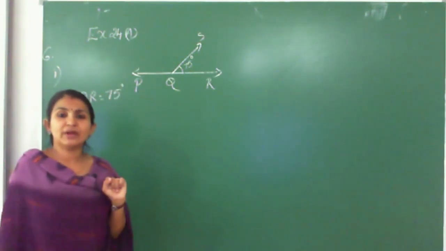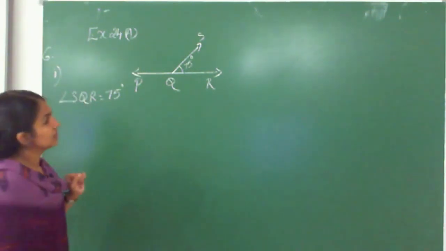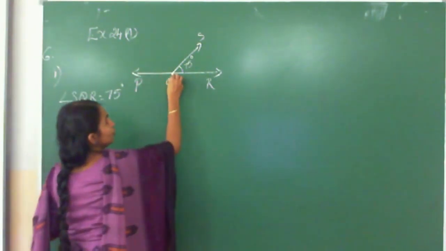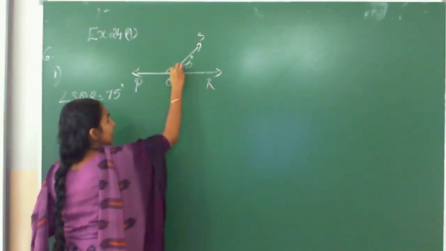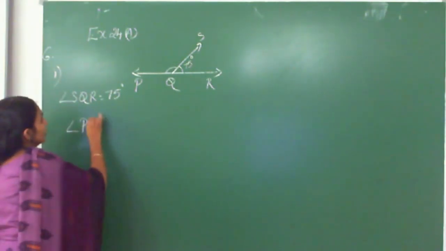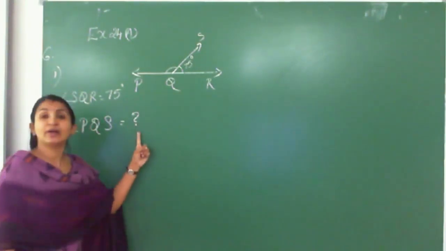And what is asked to find out? It is asked to find out angle PQS. What is PQS? PQS means this angle we want to find out. Angle PQS is not given and we want to find out that.